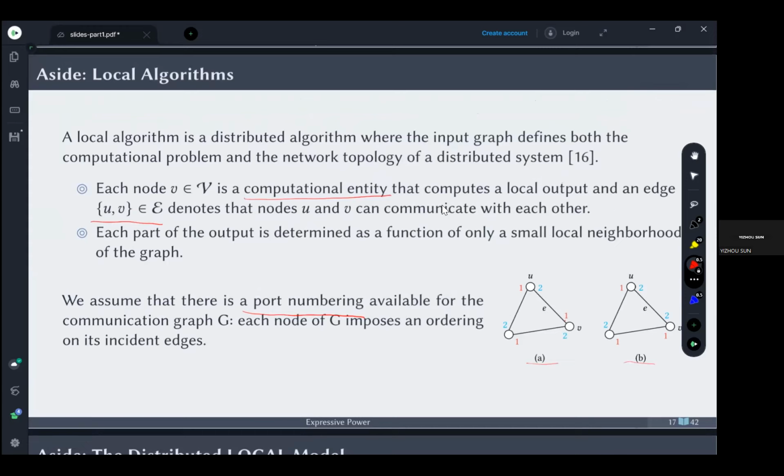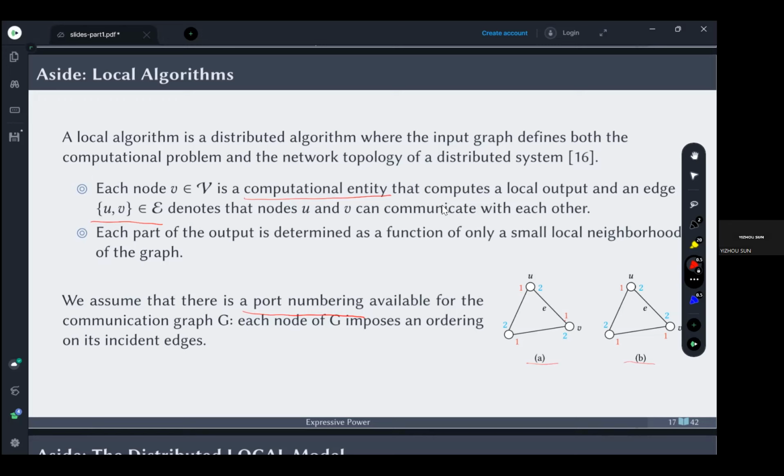Does one port associate with just one edge? Yeah. The port number tells you where you are going to send a message and where you are going to receive your message. So basically, each edge will be assigned a port number.